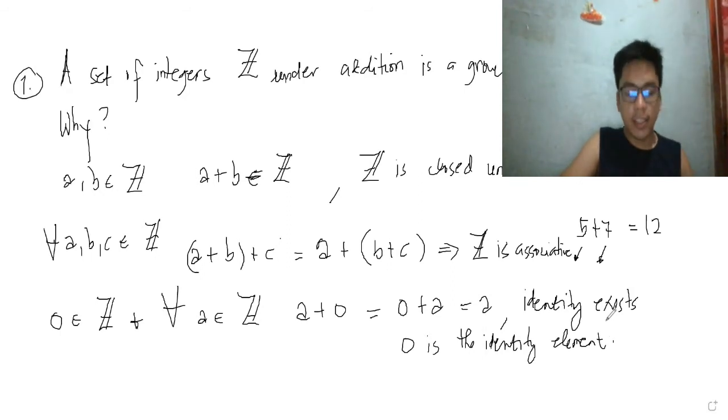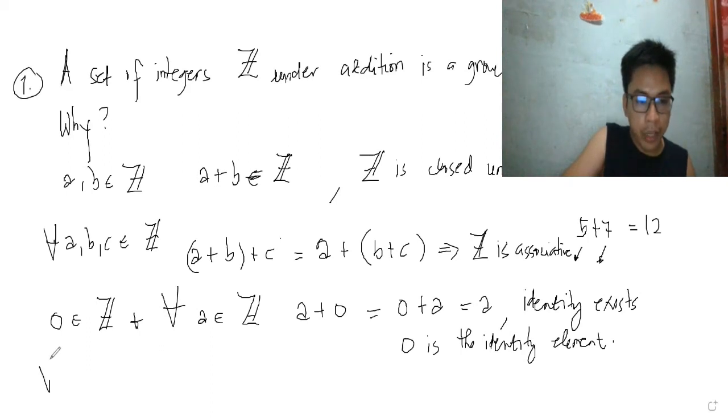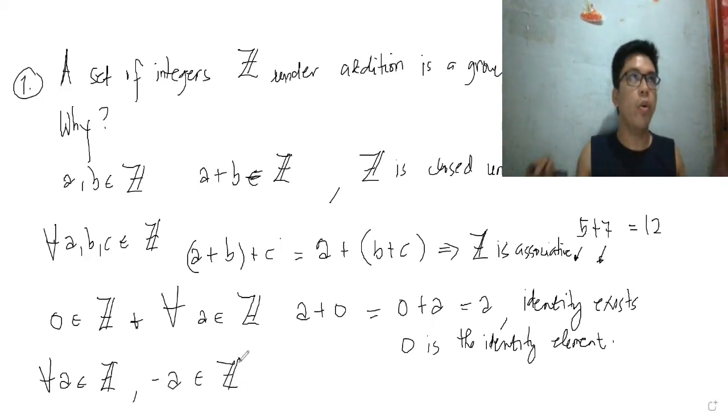Okay, so let's check the last criteria. For every A in Z, observe that the negative of A is also in Z. So let's consider, for example, you have 5. You pick 5 from Z. 5 is an integer. Negative of 5 is negative 5. That's still an integer.